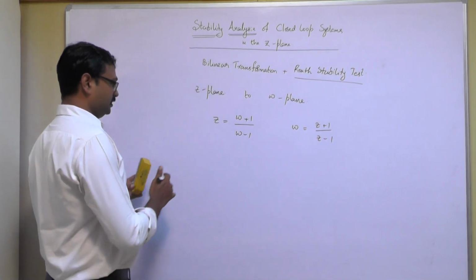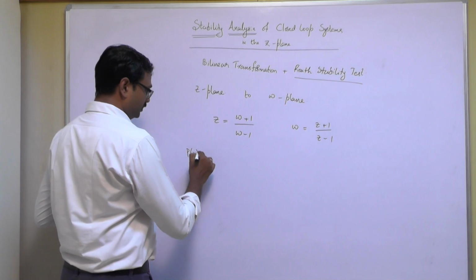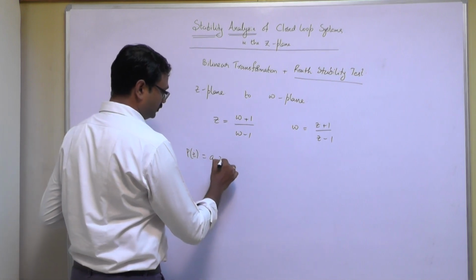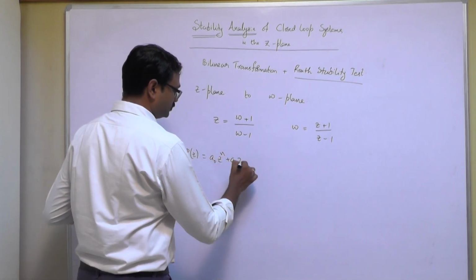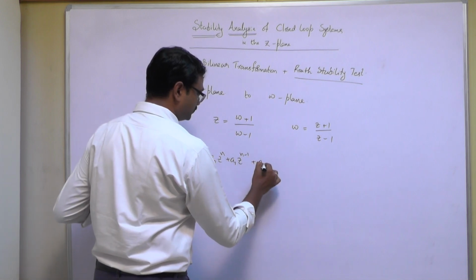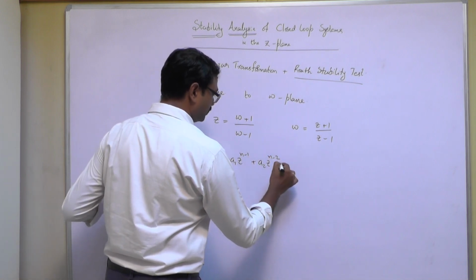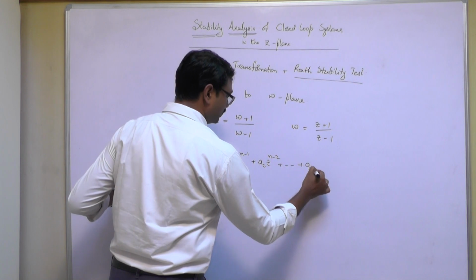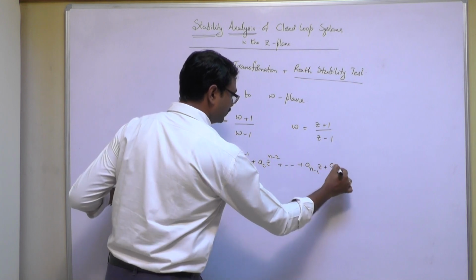Once you can convert any P of z, which is a0 z power n plus a1 z power n minus 1 plus a2 z power n minus 2 plus so on, plus an minus 1 z plus an.